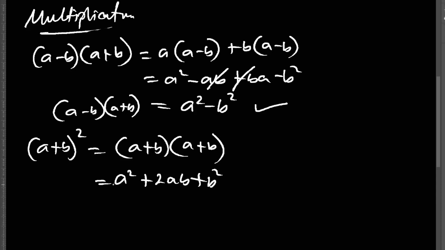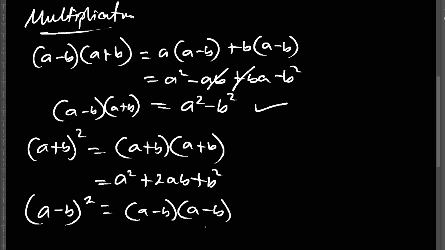So we can also have a minus b to the power of 3. That is a minus b cube. So if this is what you have, sorry, let me put this one to be square. If you have this, you are going to be having a minus b into a minus b. Of course, if you do the way we have been doing since, you have a square minus 2ab plus b square.